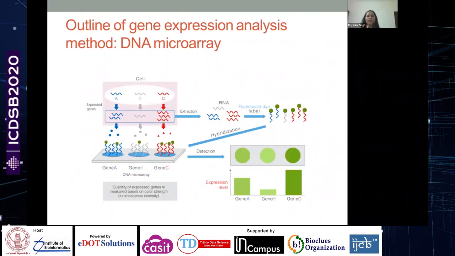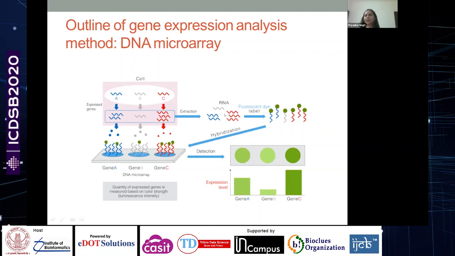But then the gene expression analysis methods, there are several. This is one that I have just listed here. You can go back and maybe try to read more onto that. So DNA microarray basically involves that you have these genes. For example, in this case, there are three genes A, B, C. This is their expression profile, the mRNA that is formed from these genes.